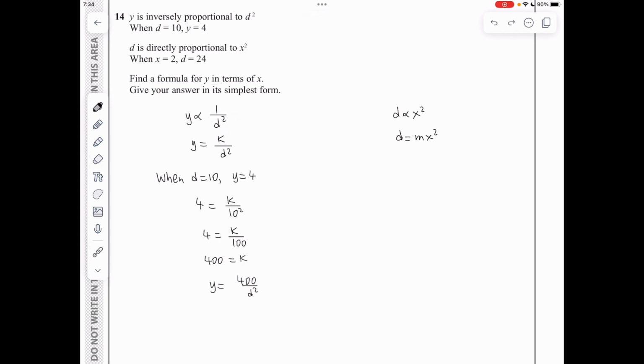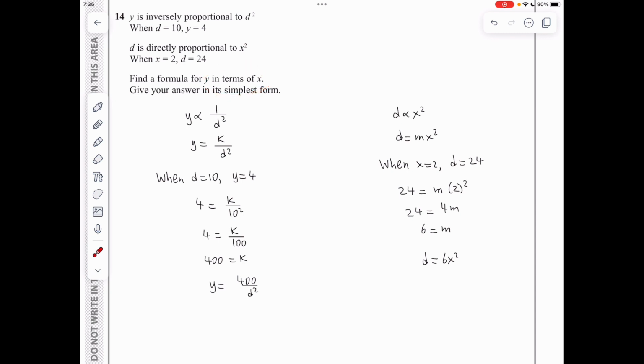We have been told that when x is 2, d is equal to 24, and therefore 24 is m times 2 squared. So 24 is 4m, and therefore m is 6, which means that we have that d is 6x squared.